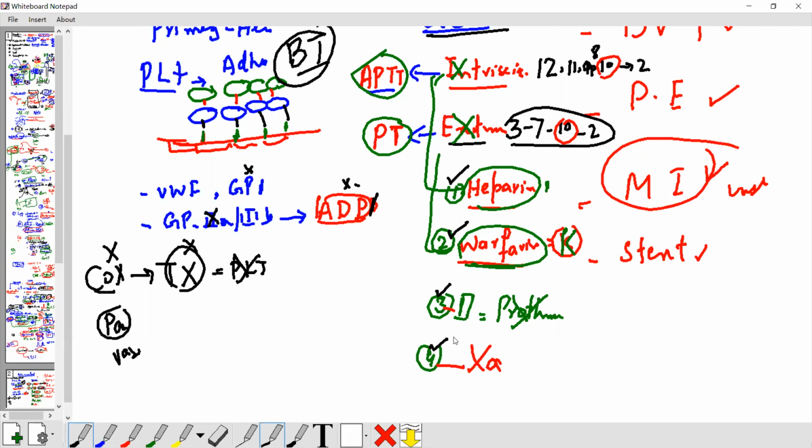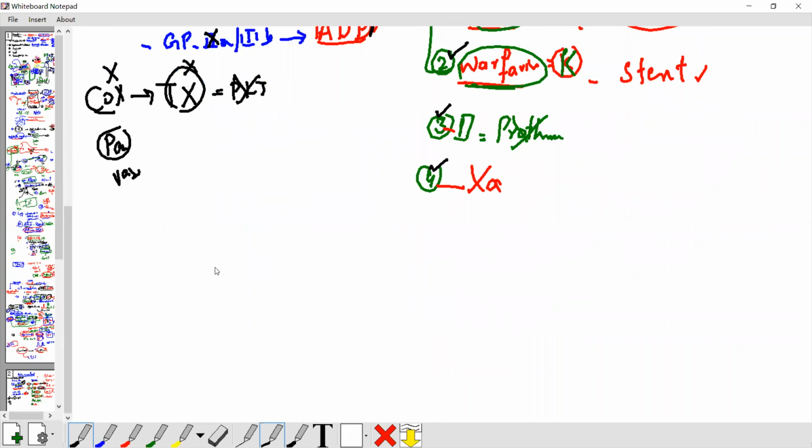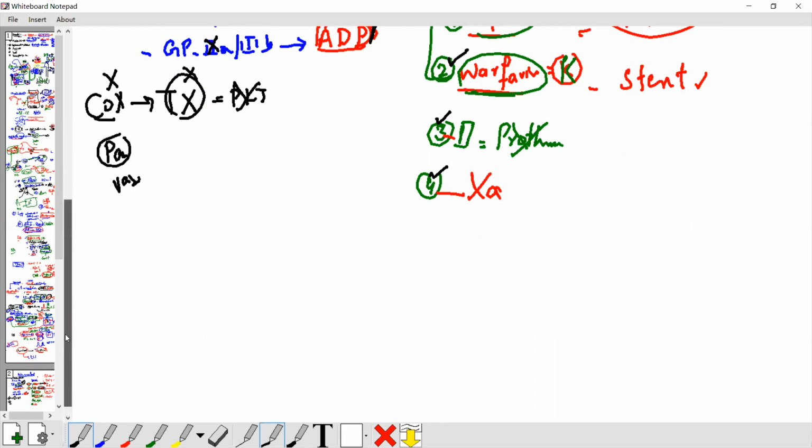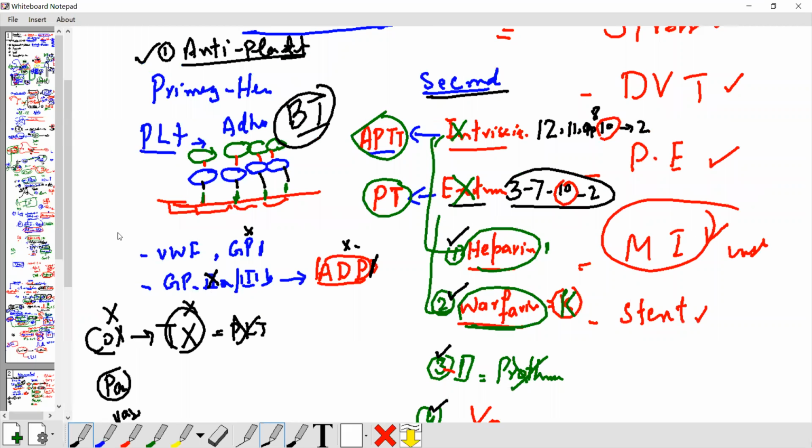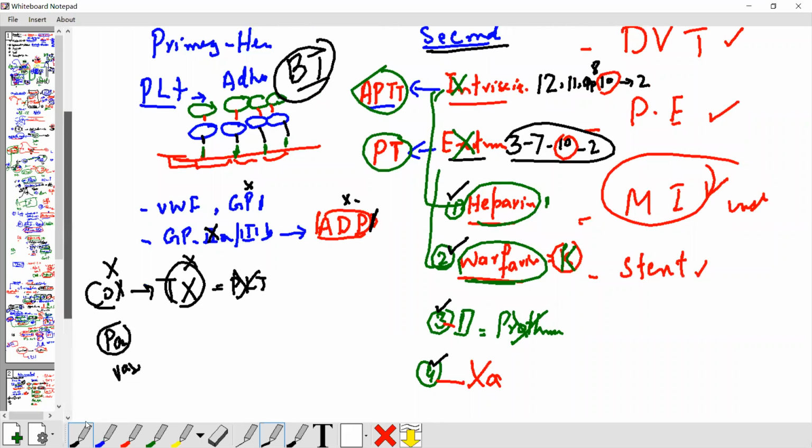We use antiplatelet drugs. If a plug is already there, then you use anticoagulants for the intrinsic and extrinsic pathway. Understand?